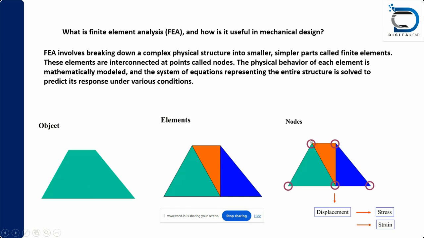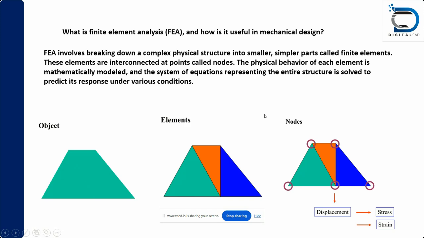Then for these connected nodes, we check their displacement. If I apply a specific load, how much displacement of these nodes is happening? According to that, we can calculate the stress and strain on that particular object. Like this, you can simply explain FEA first.